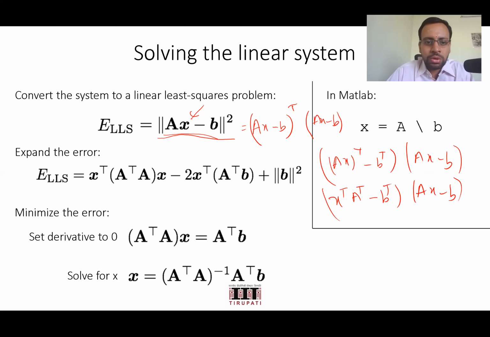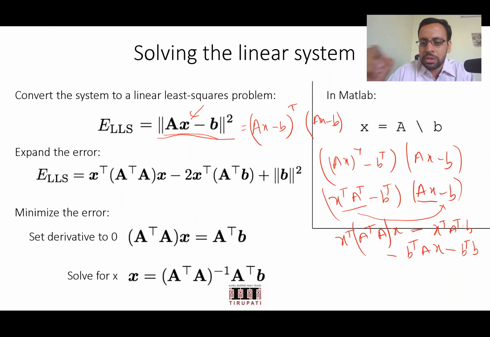Then you do the multiplication, this term with this term, which gives you x transpose A transpose A x. This A transpose A comes here. Then this term multiplied with this gives x transpose A transpose b, minus b transpose A x, plus b transpose b.